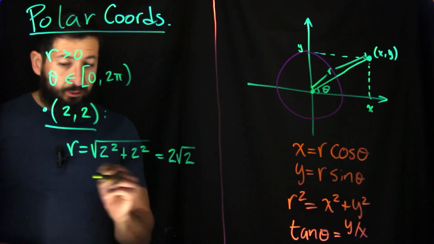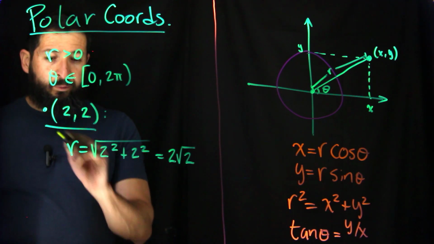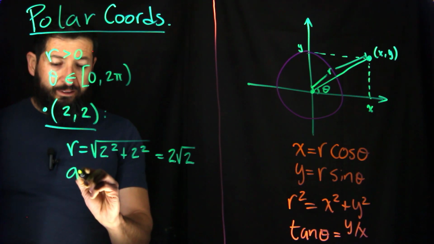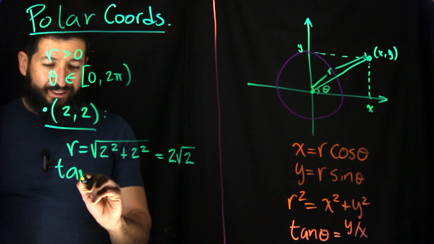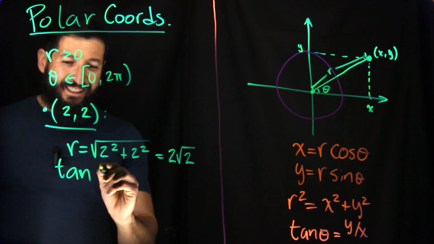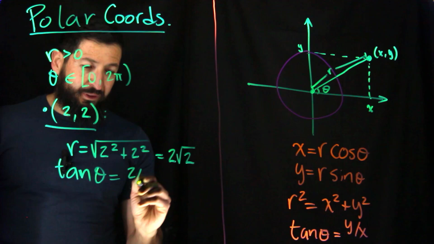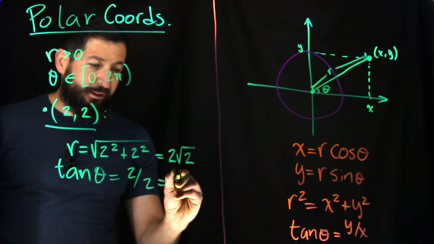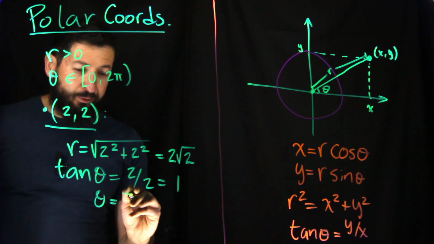And then for your angle, you would find that the tangent of 2 over 2 is 1. So the arctangent, I should have written more than that. Let's start with writing the tangent. There you go, fixed it. Tangent of the angle is 2 over 2, which is equal to 1. This marker starts to squeak. So the angle, I can pick that to be pi over 4.